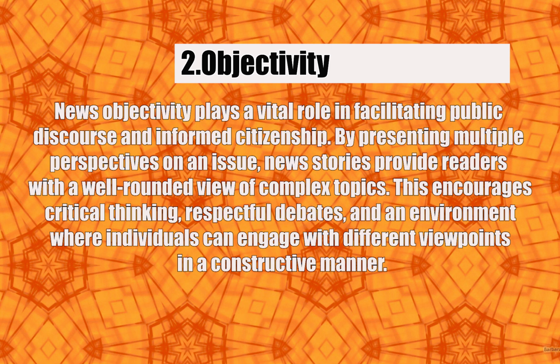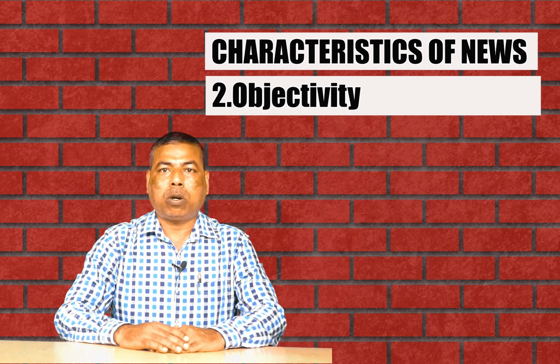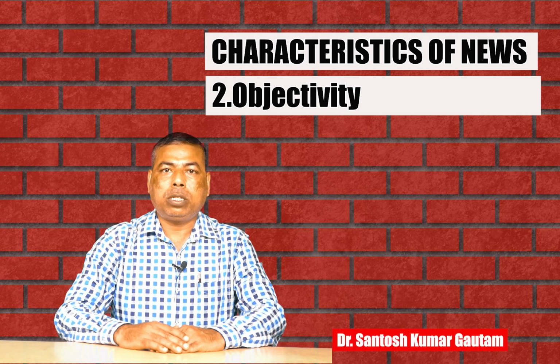This encourages critical thinking, respectful debates and an environment where individuals can engage with different viewpoints in a constructive manner. Thus, news objectivity is not just an ethical ideal, it is a fundamental requirement for responsible journalism. It empowers citizens to engage in in-depth discussion, make informed decisions and contribute to a healthy democracy.